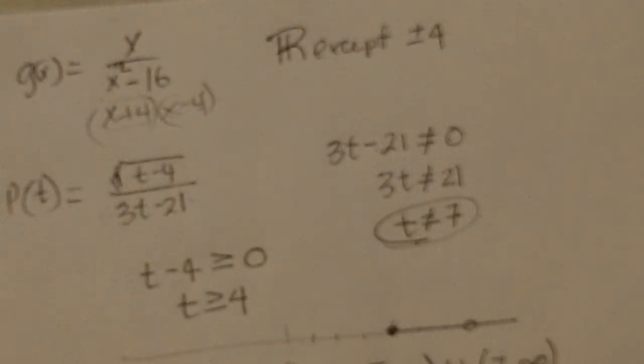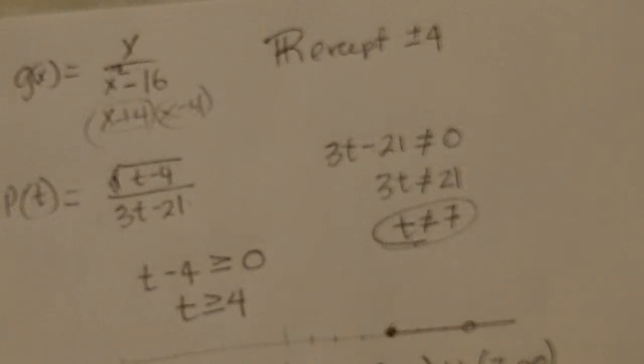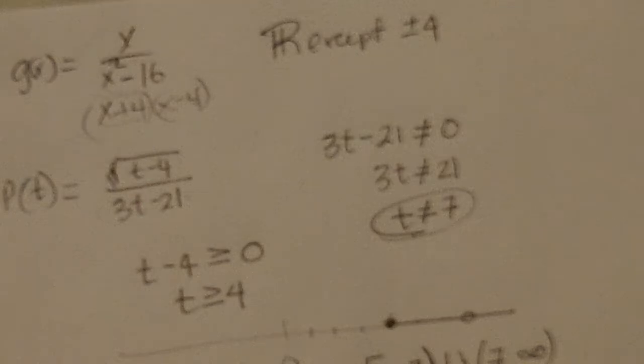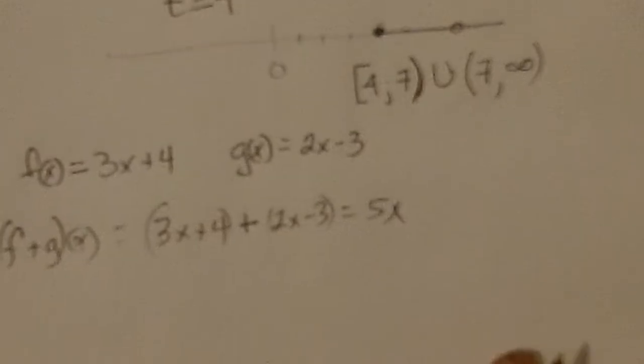67 says, got to do a bunch of things for f of x equal to 3x plus 4 and g of x equals 2x minus 3, and it says what's f plus g of x. And if we're doing x, it's going to be 3x plus 4 plus 2x minus 3. 3x plus 2x is 5x.